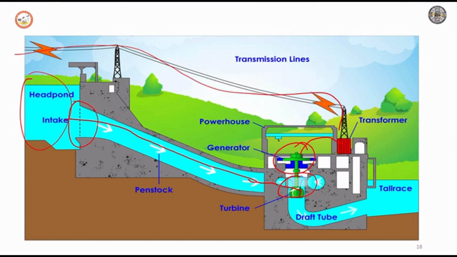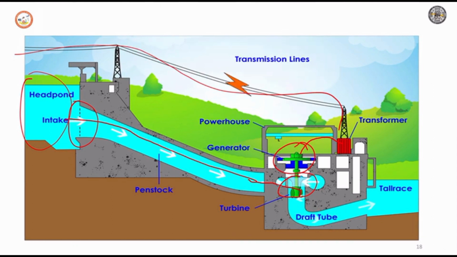The greater the flow and the higher the head, the more electricity can be generated. Depending on the flow of water and the height from which it flows, the pressure of the water will be higher, so more electricity can be generated. If either the flow of water or the head is less, then the power generated will be less.